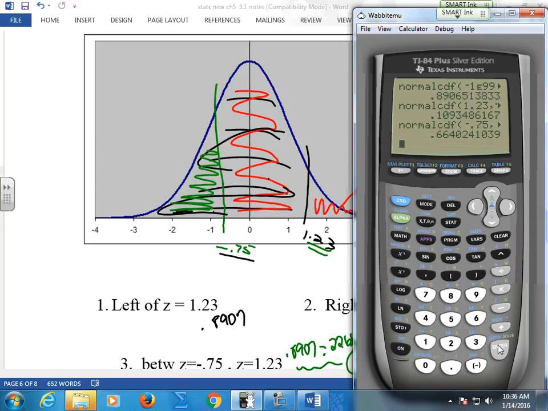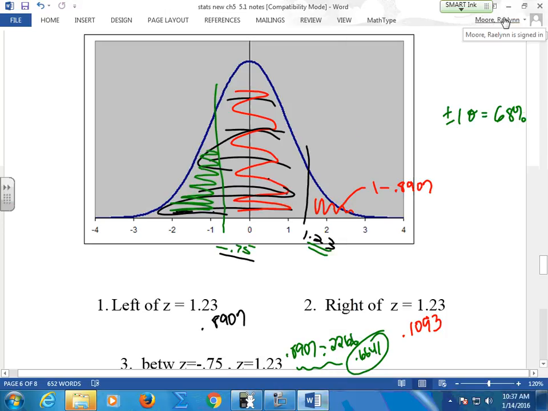Isn't that what we found when we subtracted both of those? Here's your 0.6640. When we subtracted the two areas, that's the in-between. If for nothing else, do the in-between on the calculator. It's the best, because then you don't have to think of negative 999, positive 999. It is your lower bound and your upper bound. So is this kind of making sense to you?